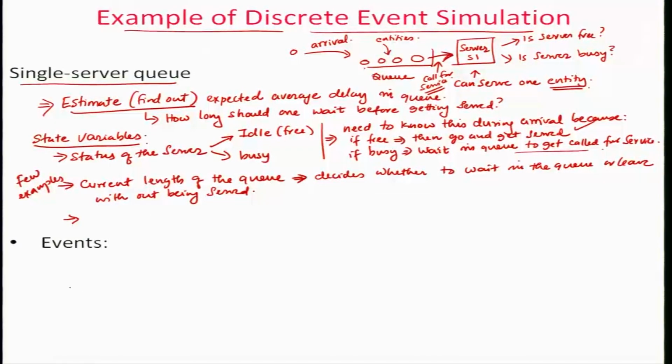Now, the third one is the time of arrival of each customer into the queue.